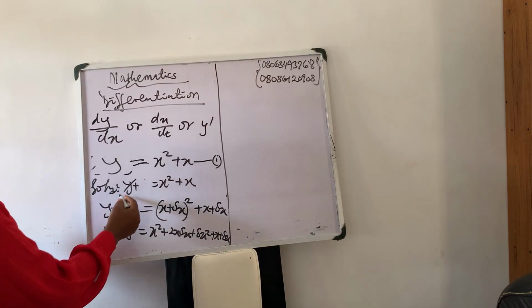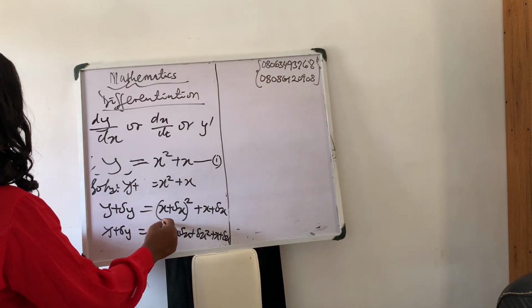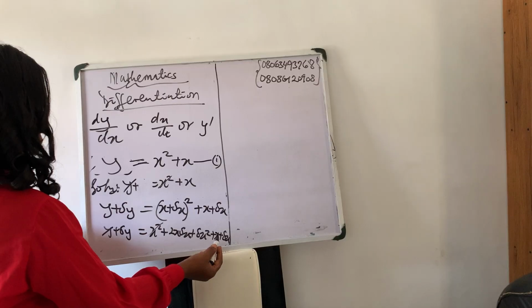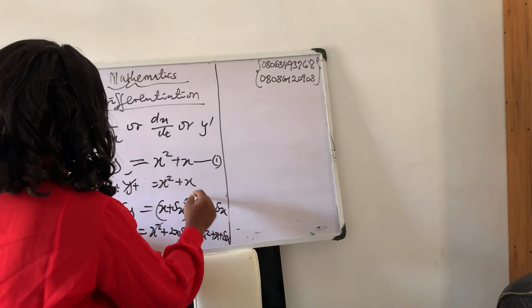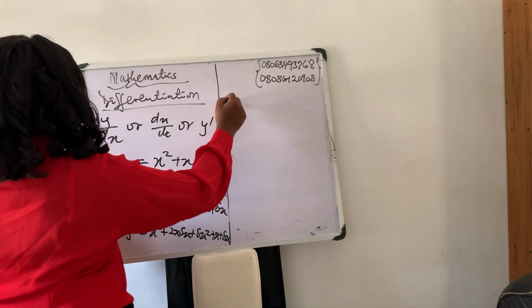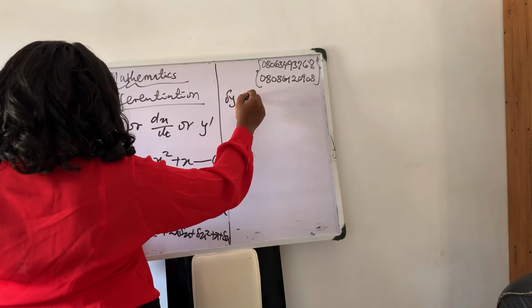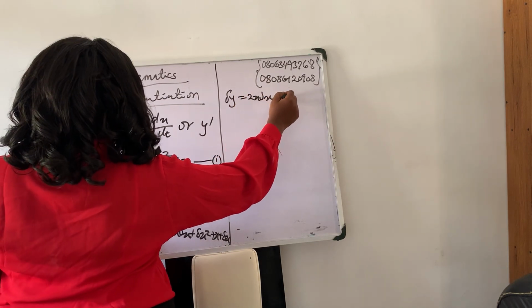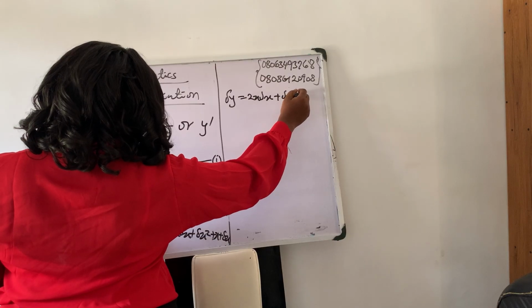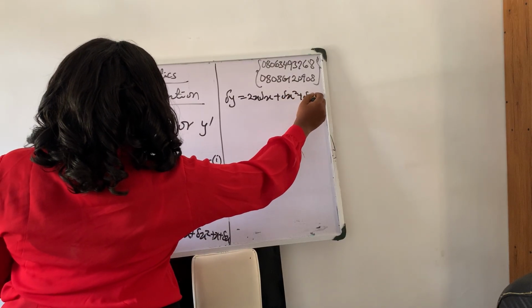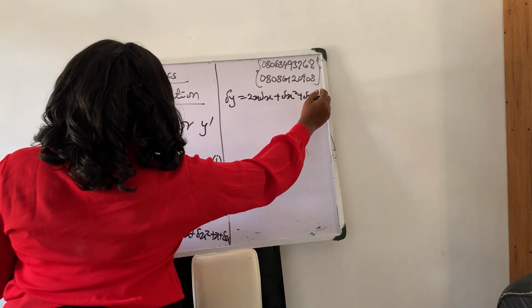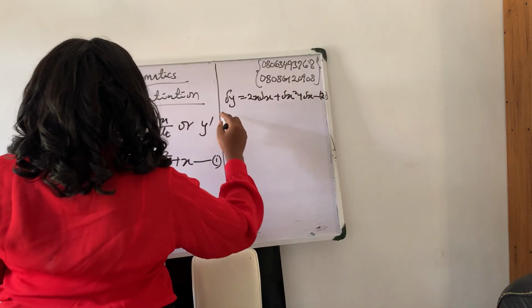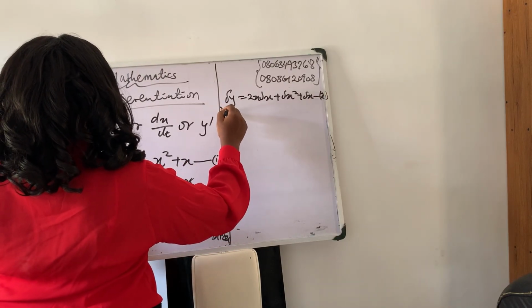Now if you take this out, you take x squared out, the next one, x here, you take it out. So what is left is dy equal to 2x dx plus dx squared plus dx. You call this equation 2.